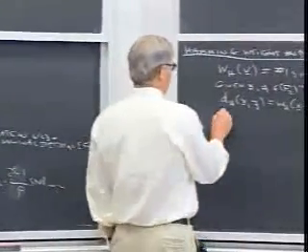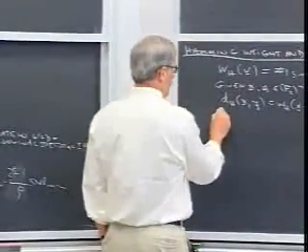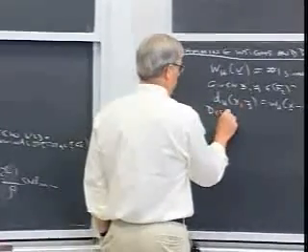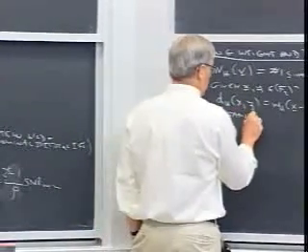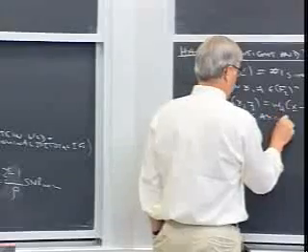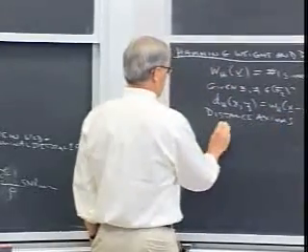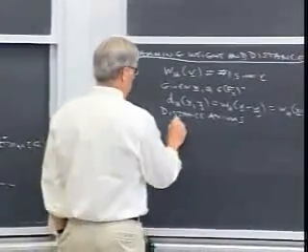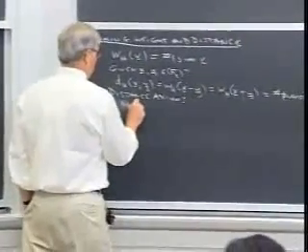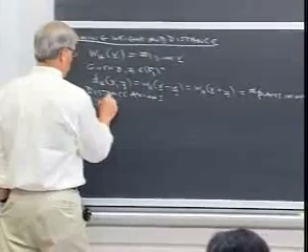Okay, again, let's check that it satisfies the distance axioms. I don't know how many of you have seen this, but let's see, what are the distance axioms? Strict non-negativity.